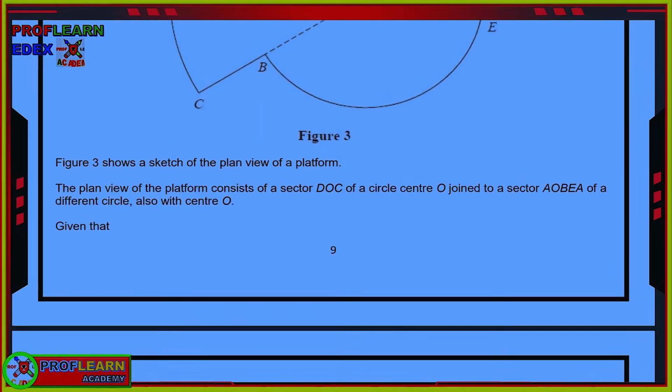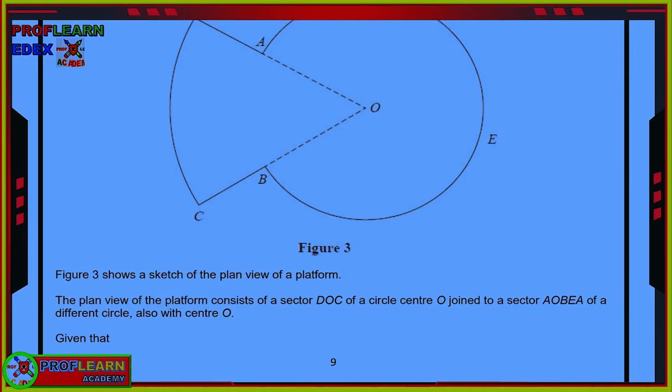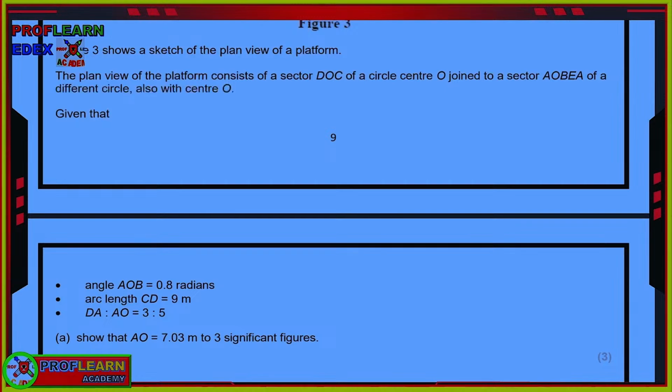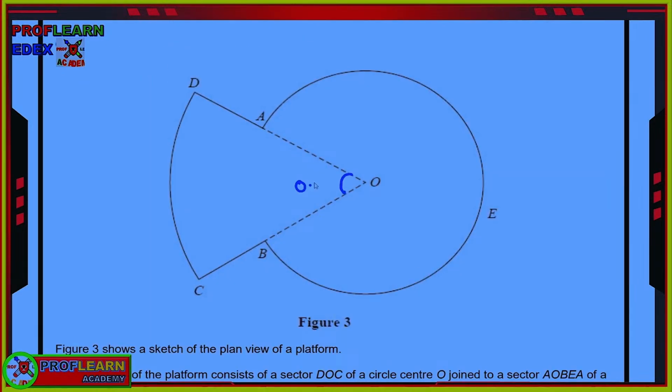Then let's check the other information provided. We are told that angle AOB is 0.8 radians, the arc length of CD is 9 meters, and the ratio DA to AO is 3:5. We are supposed to show that AO is 7.03 meters, correct to 3 significant figures. So we need to go straight to the figure and try to identify the information provided.